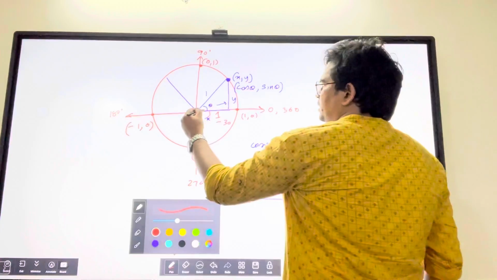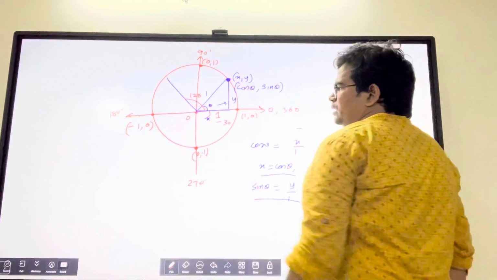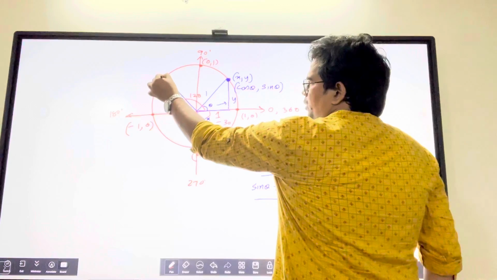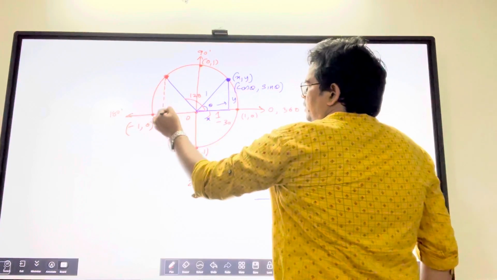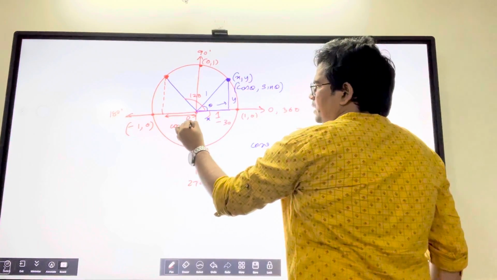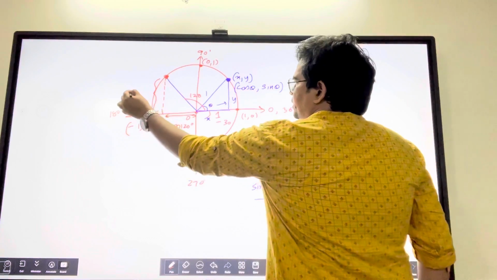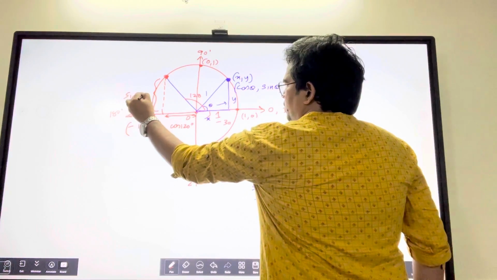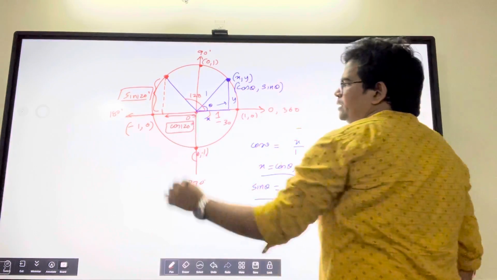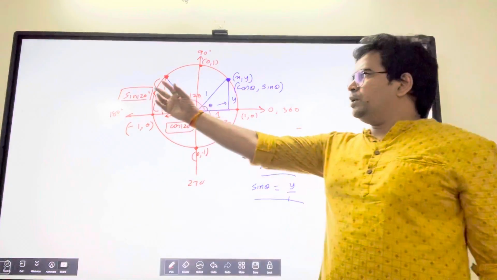Suppose this angle is somewhere 120 degrees. By default, this x coordinate is going to be cos of 120 degrees, and this y coordinate is going to be sine of 120 degrees. So x is cos 120 and y coordinate is sine 120.